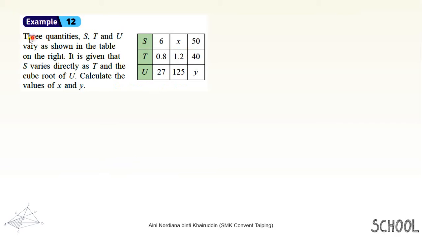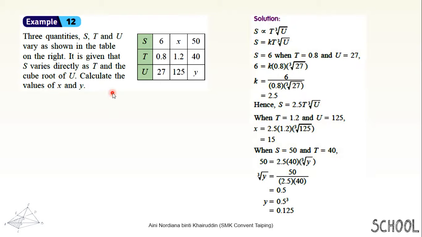Example 12. Three quantities S, T, and U vary as shown in the table on the right. It is given that S varies directly as T and the cube root of U. Calculate the value of X and Y. Okay. First step, you have to write in the form of variation relation.